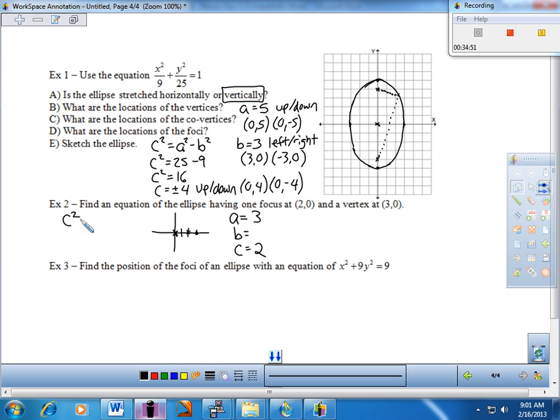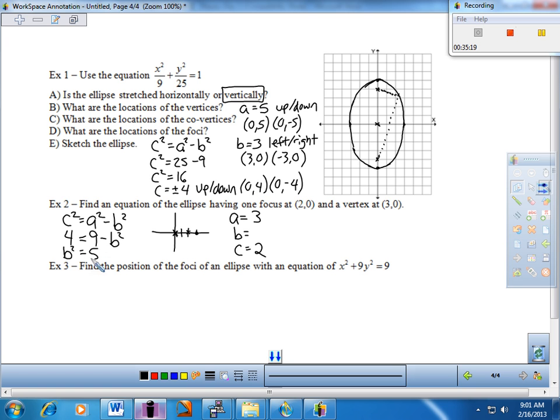So I'm going to work over here. c squared equals a squared minus b squared. I have c squared, which is 4, and a squared, which is 9, minus b squared. I like making that b squared positive, so I'm going to bring it to the other side and subtract the 4.